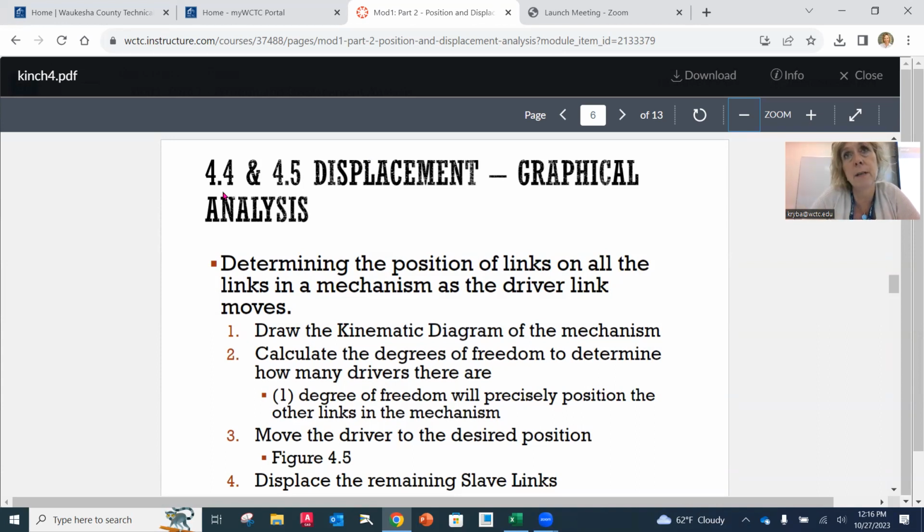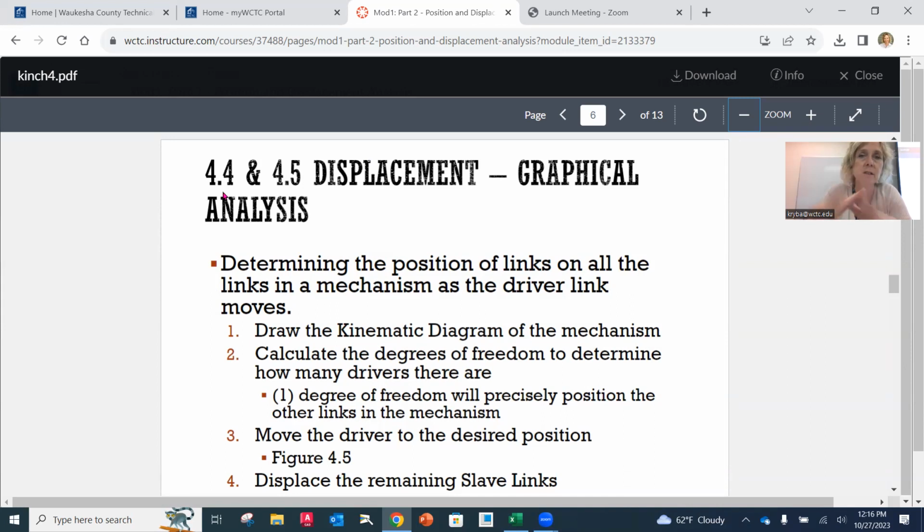If you didn't have me, that's okay. I have a copy of that Excel spreadsheet, and we'll use it to see what we can do there. But we're most often going to err on the graphical side, meaning we're going to be drawing these things out, taking the measurements, and then translating that data. In the mechanical design program, you get a lot of experience running calculations, and in a lot of other classes.